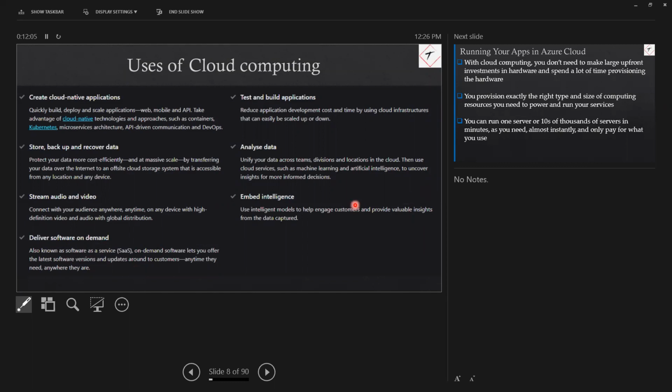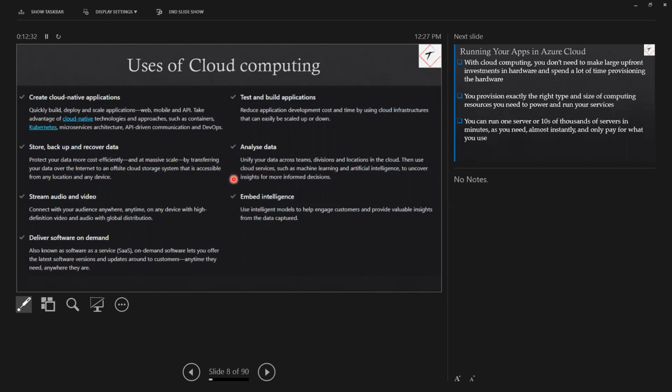In terms of test and build, you can use real-time cloud infrastructure for your apps. Data analysis is a huge thing wherein there are a lot of services provided to you, and a lot of AI, and this will help you in giving more insights, which gives you an opportunity to improve your performance overall.